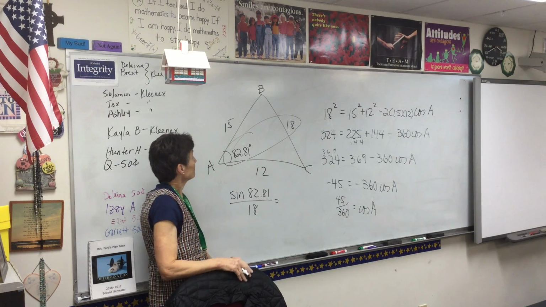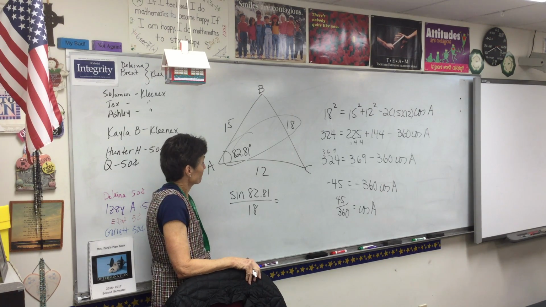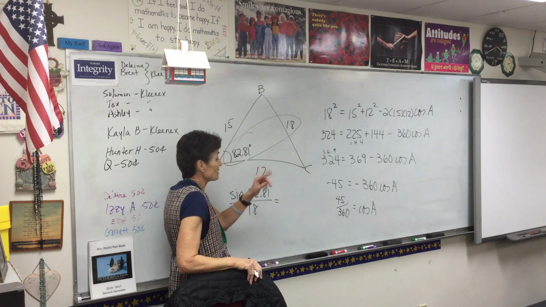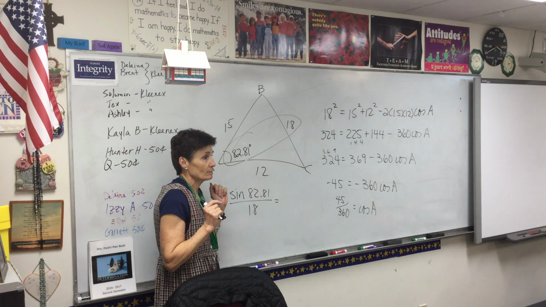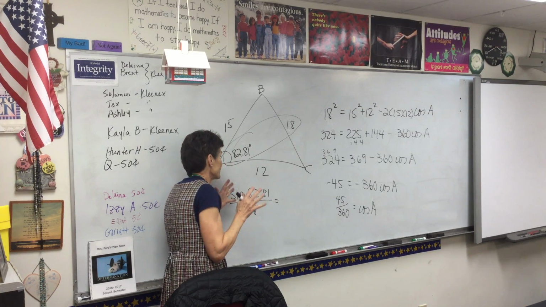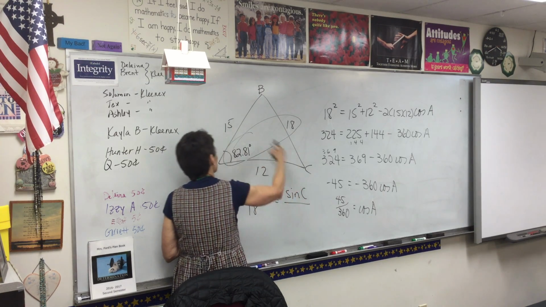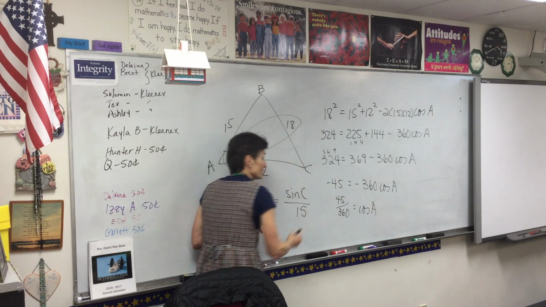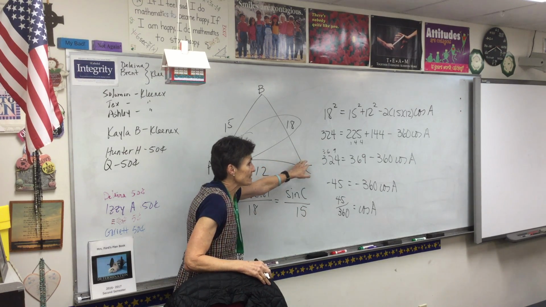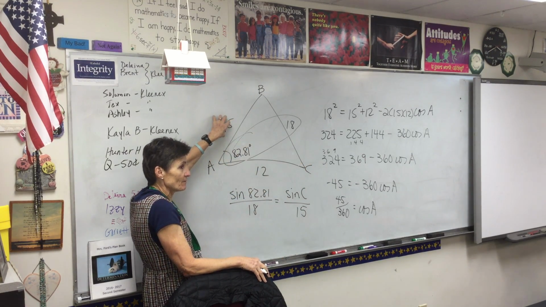Now I get to pick again. You want to do B or C? C? So if you decide here to use C, does it matter? No. So we're just going to do C. So we'll say sine C over 15. So if you're doing C, you got to be using 15.